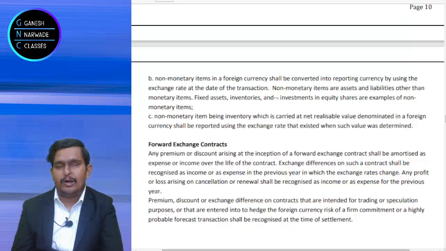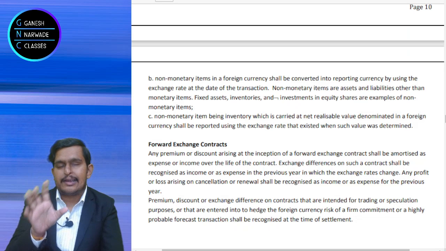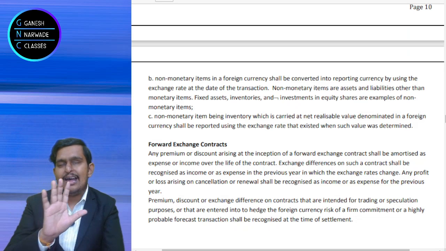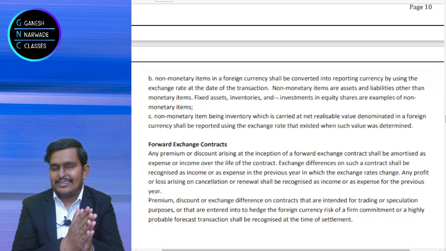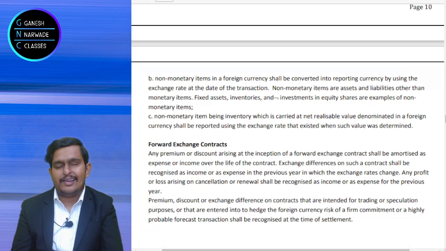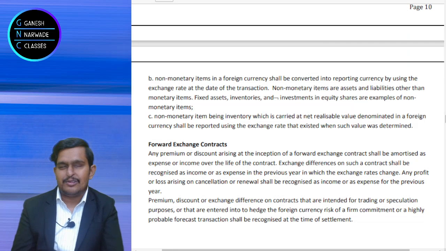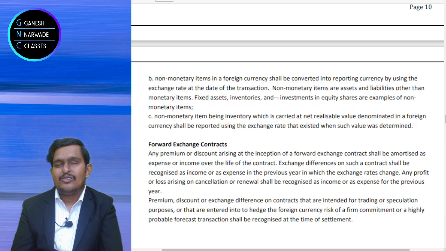Yes, that is about foreign exchange only for this one inventory item, this non-monetary item. All others are just treated at initial price, which we discussed. Only for inventory is this change there. Otherwise, non-monetary items initially recognized, same will continue. And revaluation is not allowed under ICDS.